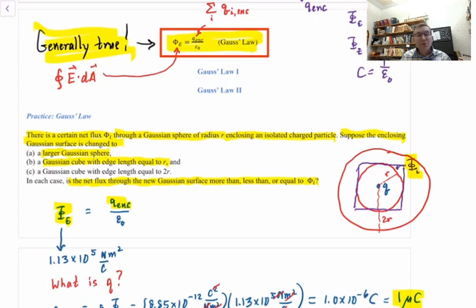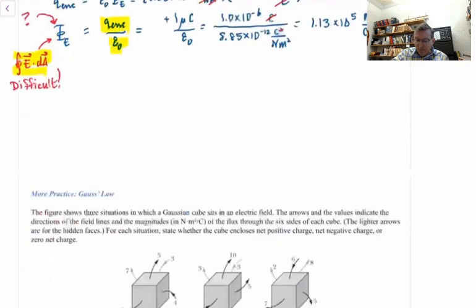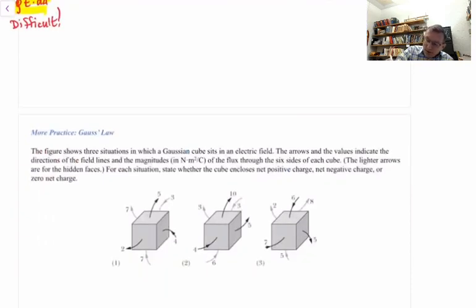Still contains the charge Q. What if my Gaussian surface is a larger cube with edge length 2r? So now something like this. What's the electric flux now? Still phi sub I. Still got the same amount of charge in it, right? Don't overthink it. Okay?